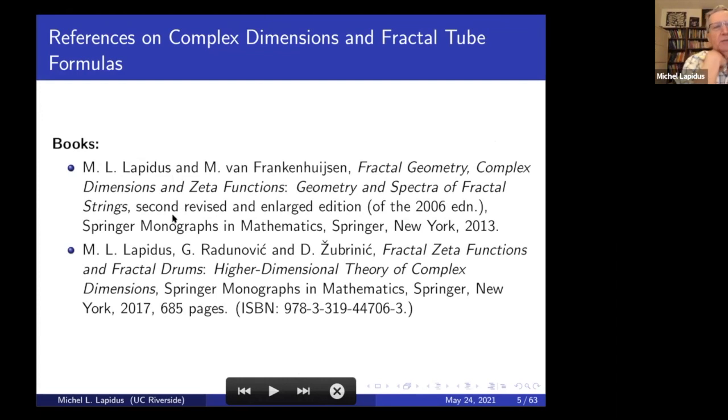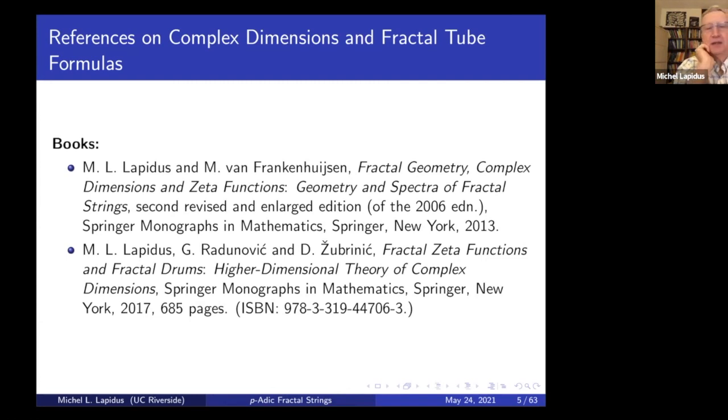So Fractal Geometry, Complex Dimensions and Zeta Functions: Geometry and Spectra of Fractal Strings, the second edition appeared in 2013, the first edition appeared in 2006 with Springer in Springer Monographs in Mathematics. And this is about the theory of fractal strings in Euclidean space, in the real line here, really.